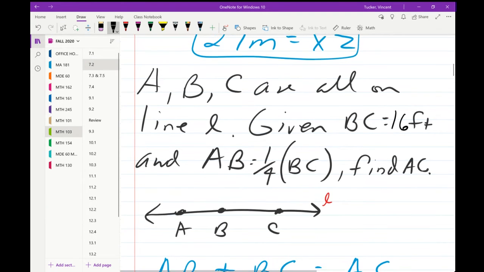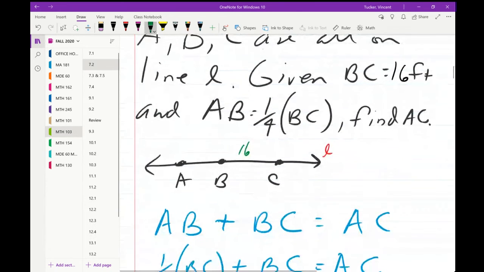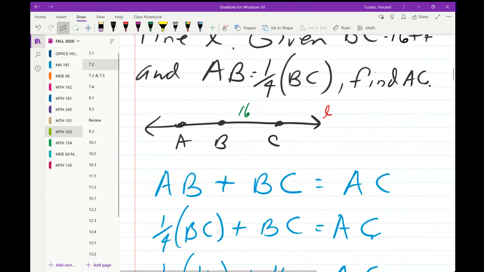So I just want to make sure we're okay with the fraction work. It's telling us BC is 16, and then AB is 1/4 of that. So our setup: AB plus BC is going to be equal to AC. And we know that AB is 1/4 of BC.